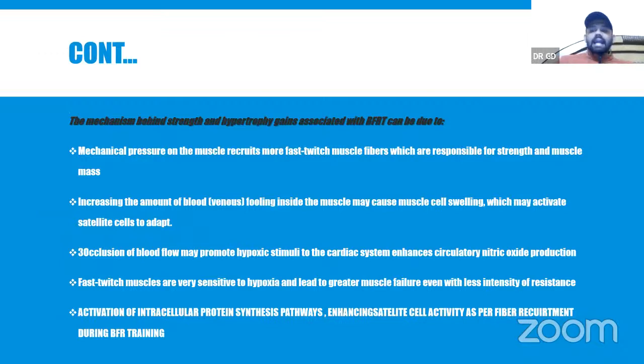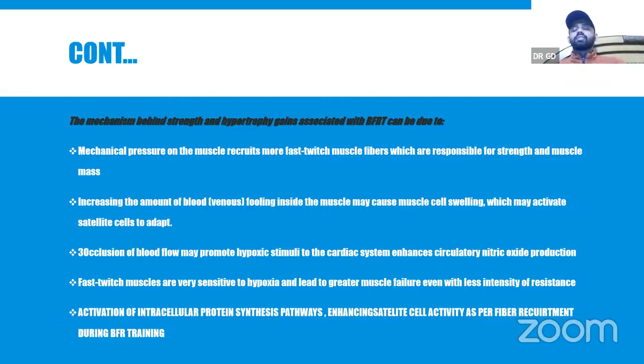So what is the mechanism here? When you apply the blood flow restriction training cuffs, you are actually reducing the blood flow. In your muscle we have three different groups of muscle fibers. One is the fast twitch and fatigable muscle fiber.